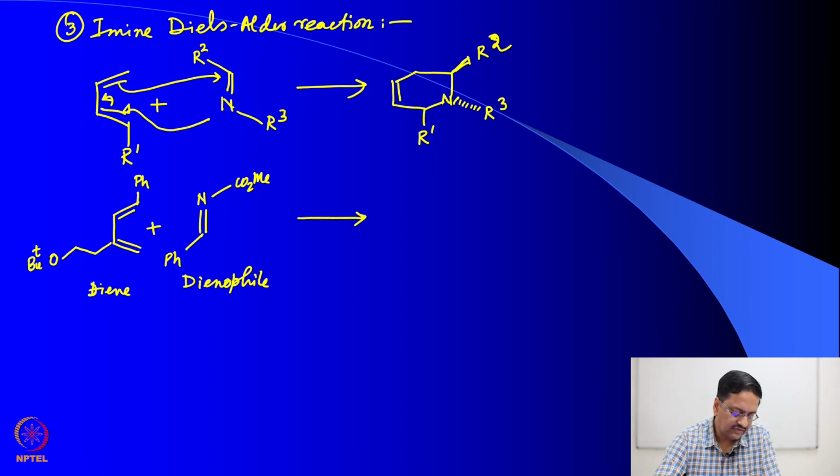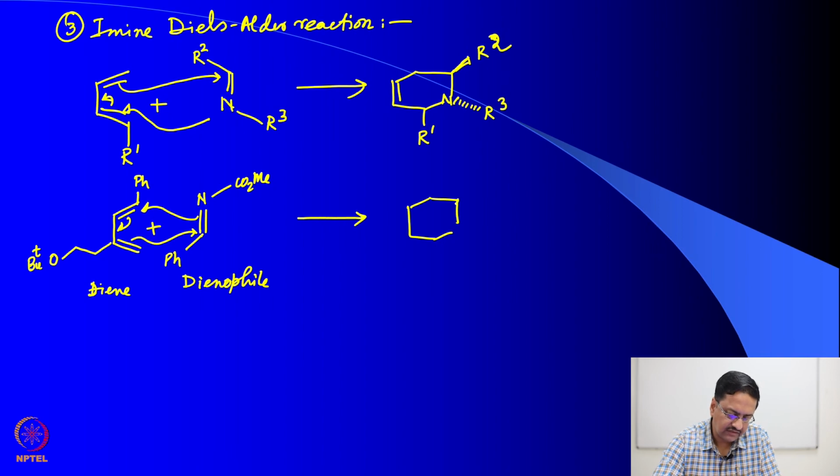So, this particular reaction again takes place in this mechanism, and what we end up getting is one heterocyclic compound. That is a nitrogen, and that nitrogen contains a CO2Me group, and it is trans to the corresponding phenyl, and the double bond shifts here.